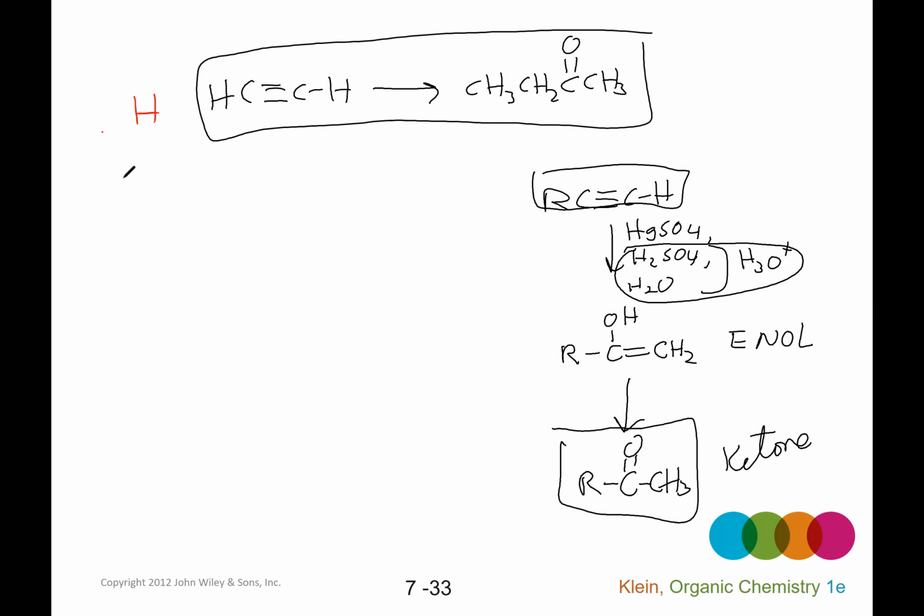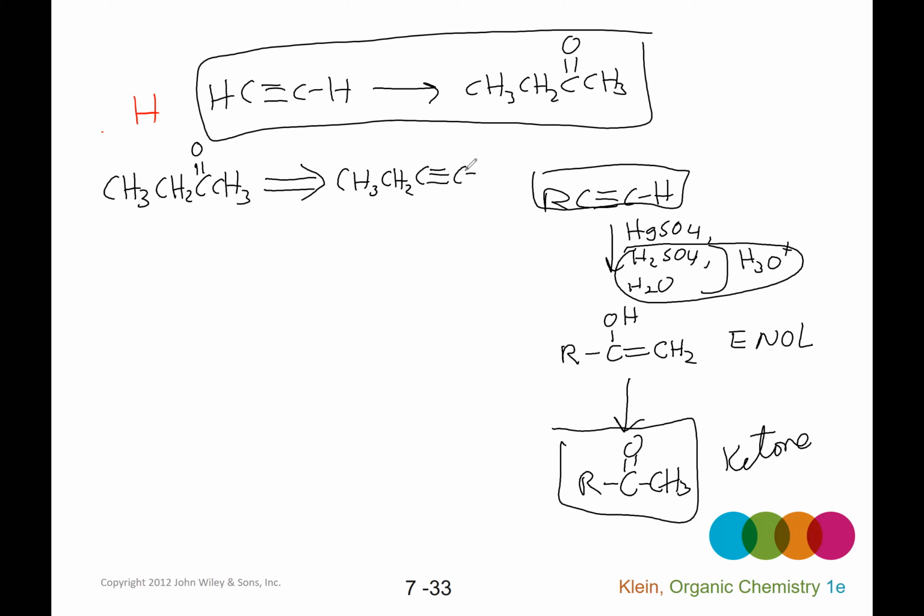That final product here, let me redraw it. Now I'm going to work backwards. I use this arrow to remind myself I'm working backwards. That ketone can be made from this terminal alkyne.